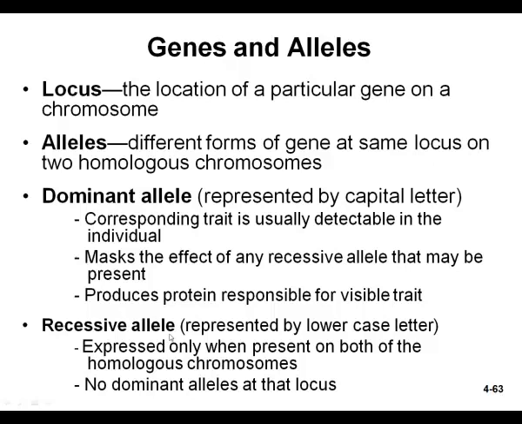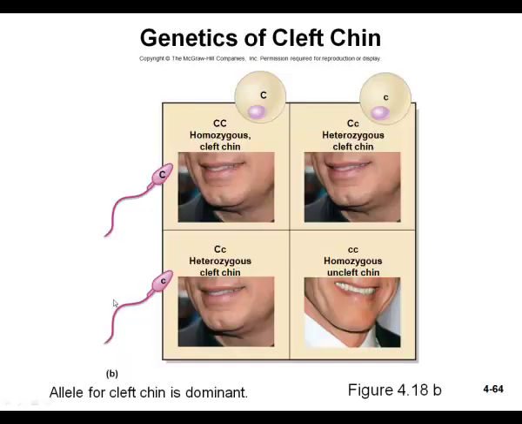But if you have both copies to be a recessive allele that is diseased, then of course you can have that kind of disease. Those kind of traits or alleles can control your phenotypes, and here is an example of cleft chin. You can have either cleft chin or unclefted chin. The cleft chin will be carried by the dominant allele, which is the capital C.